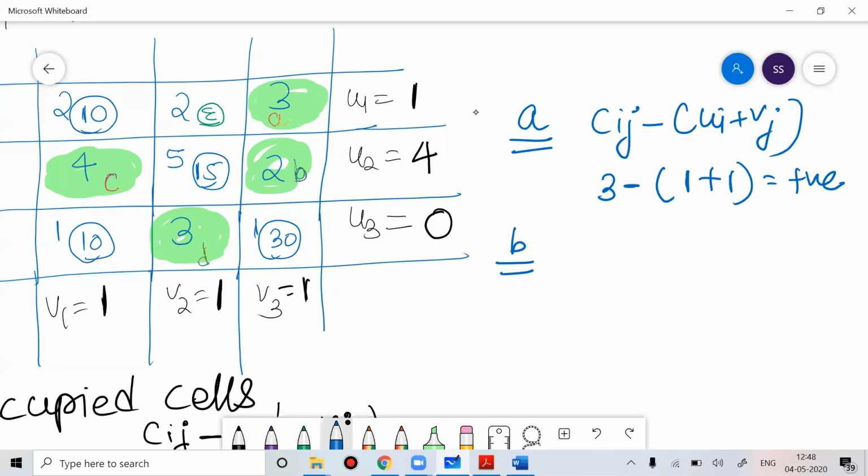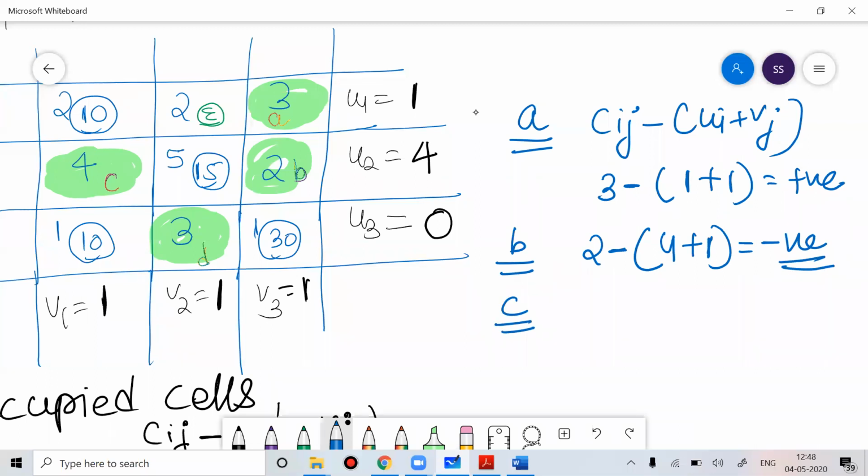Then I'll do it for B. What is the cost? The cost is 2, minus U which is 4, and V is 1. So you're getting a negative value, which means it's still not optimal.